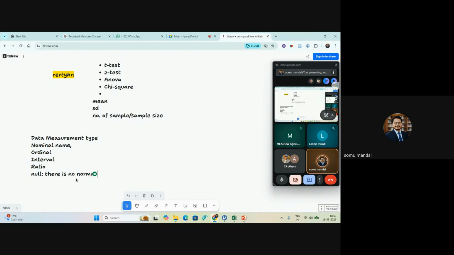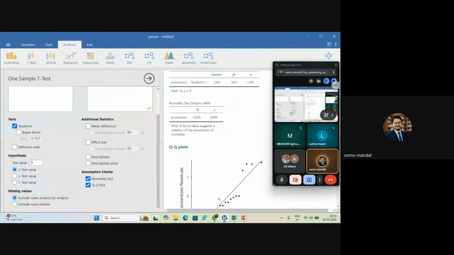But please look here: what is defined by the null hypothesis? There is no normal distribution. That's why, please remember, whenever you consider this normality test, if the p-value is less than or equal to 0.05, it indicates no normal distribution. So the p-value should be more than 0.05.